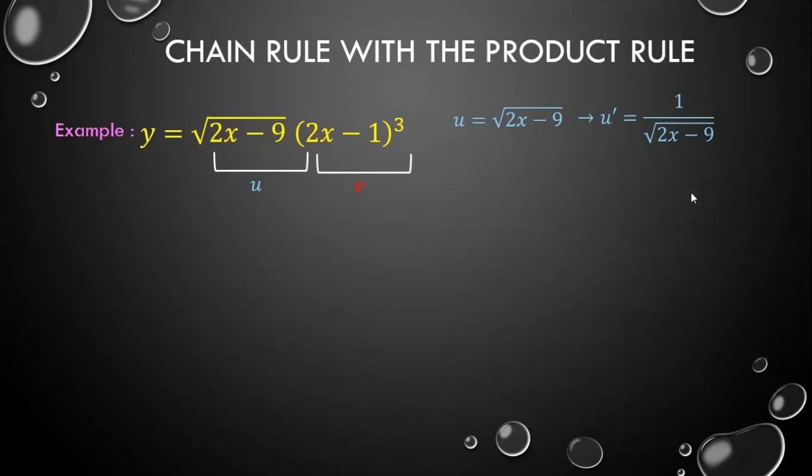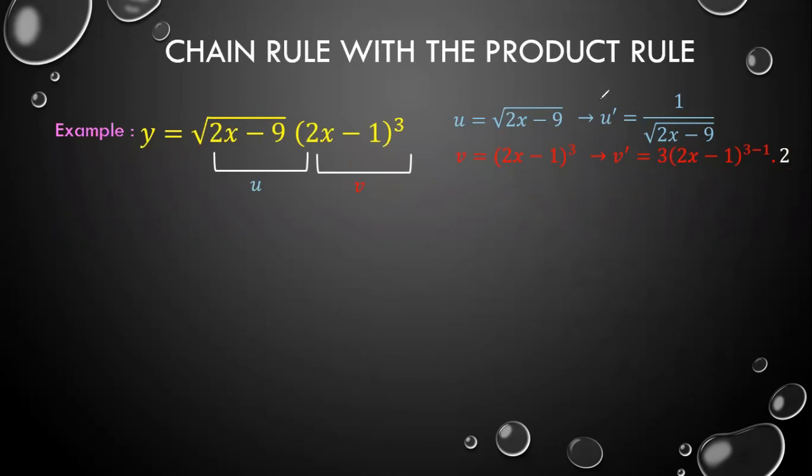Okay, go. And then we got v is 2x minus 1 cubed. So v prime equals 3 times 2x minus 1 to the power 3 minus 1 times 2. How do you know that? Where does this 2 come from? Once again, the 2 comes from the derivative of the inside function, right?